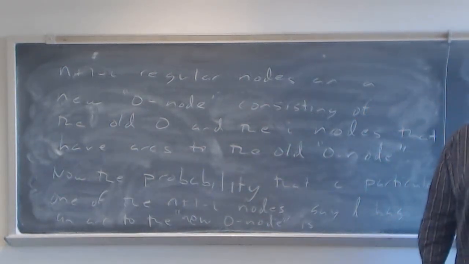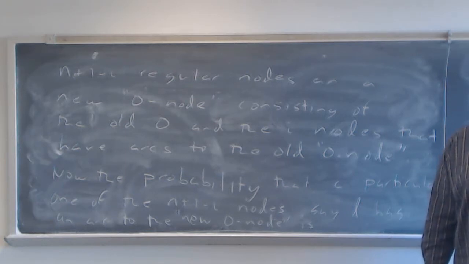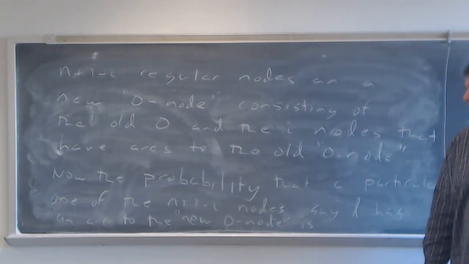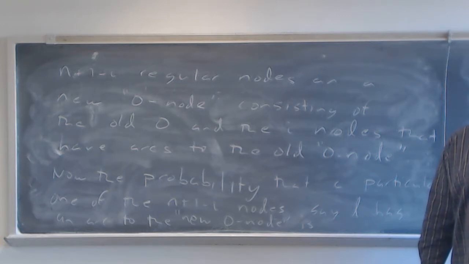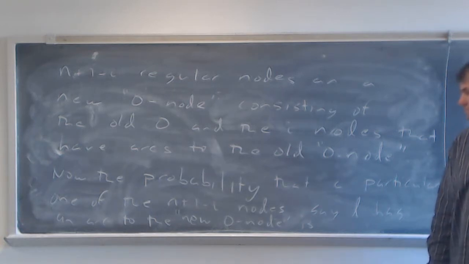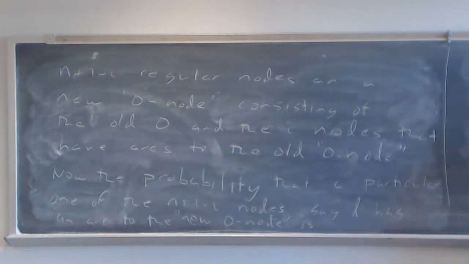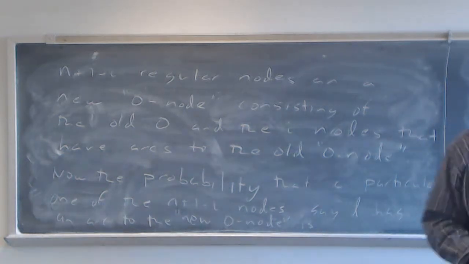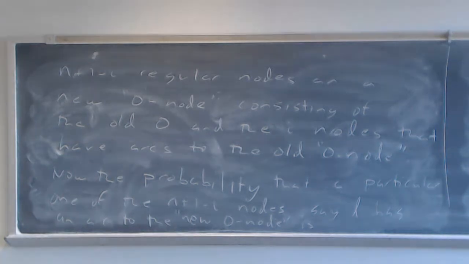L is one of these n plus 1 minus I nodes that isn't directly being sent to the old supernode. So for it to get to the new supernode, it has to be sent to one of the I nodes out of the n plus 1 nodes that were sent to the supernode.